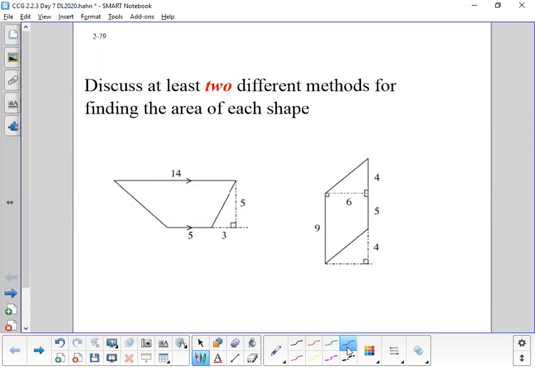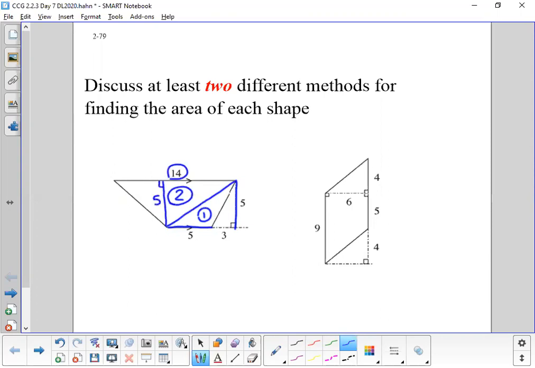A third way I could find the area of this trapezoid would be if I split it up into some triangles. So here's one triangle. It's got a base of 5 and a height of 5. And then my second triangle is right here. It's got a base of 14 and a height of 5.